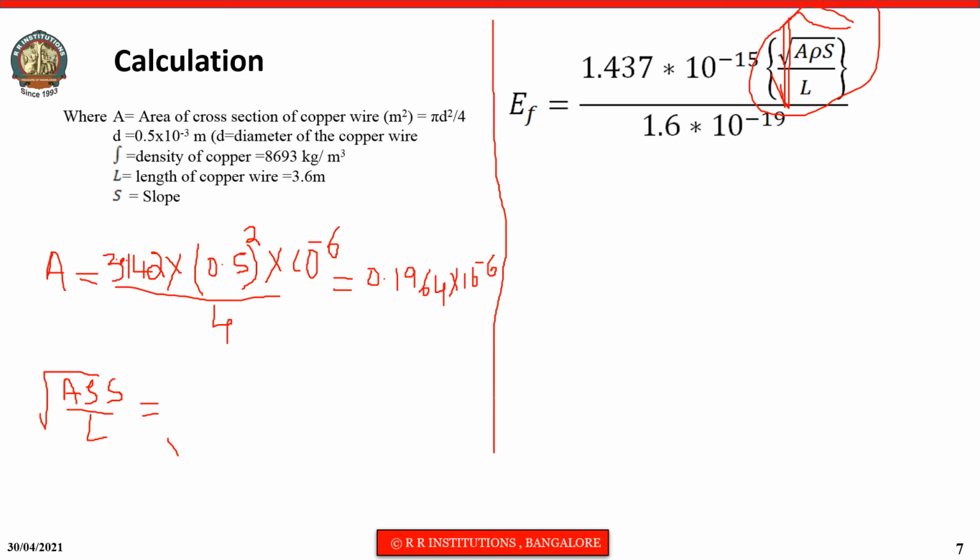This is all under square root: 0.1964 into 10 to the power of minus 6.